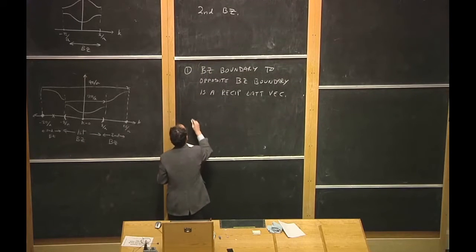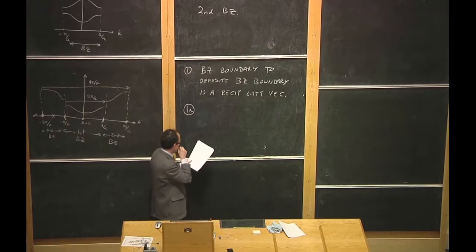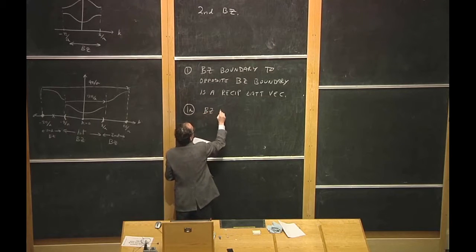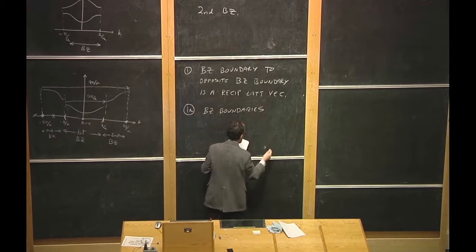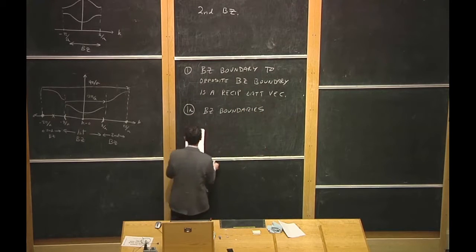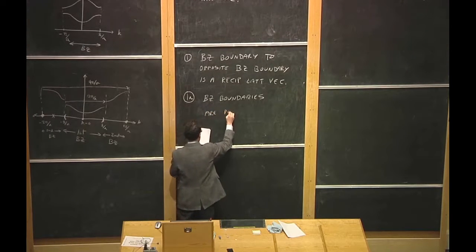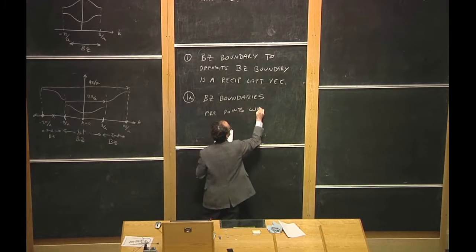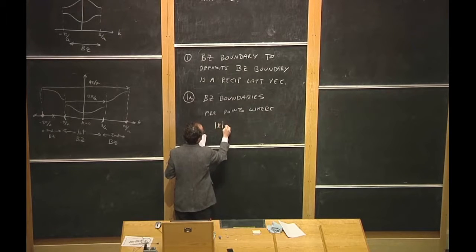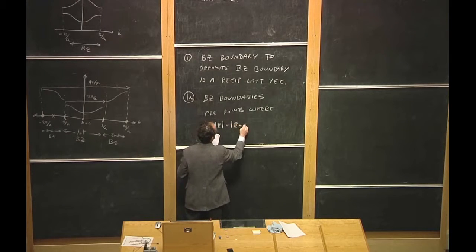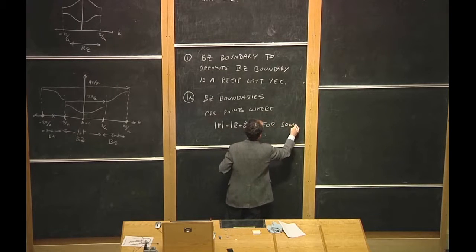Okay? A corollary of this, or maybe it's not a corollary, but it's almost an equivalent statement: BZ boundaries are points where the absolute value of k equals the absolute value of k plus g, for some reciprocal lattice vector g.